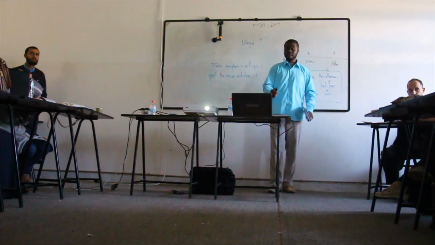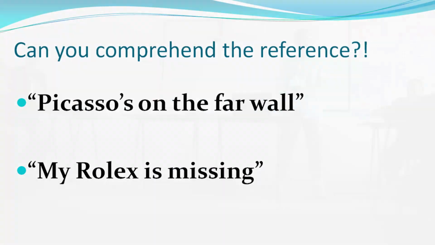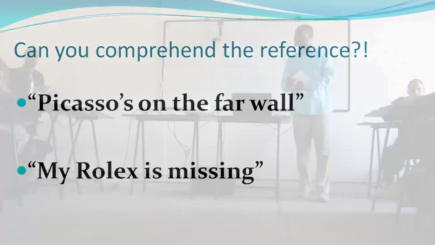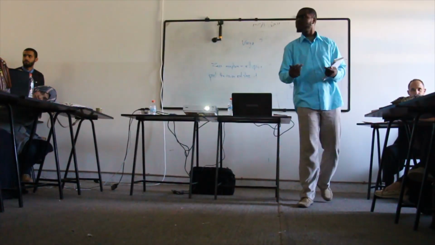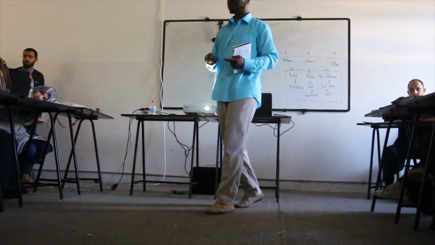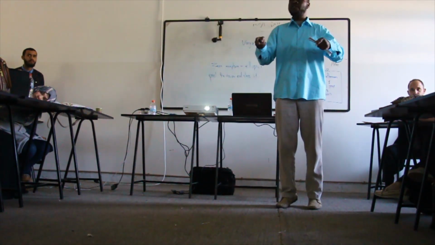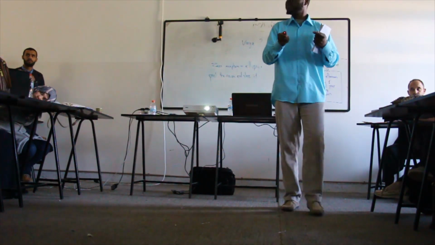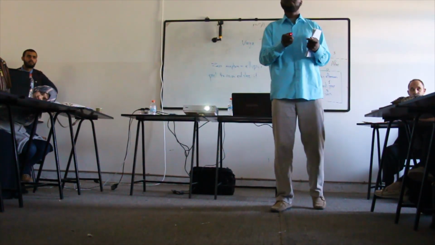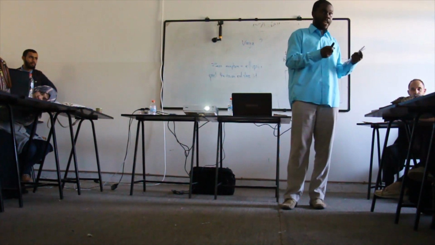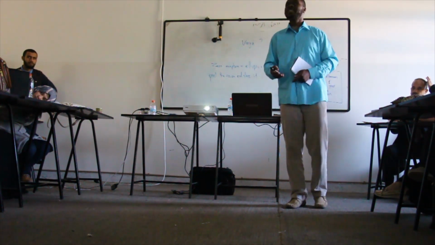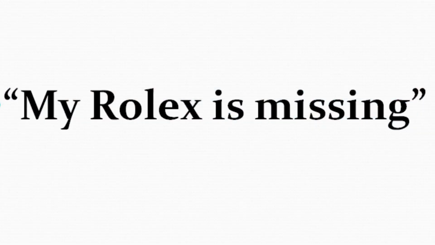All right. Next. Can you comprehend the reference here? The first sentence: Picasso's on the far wall. What's the reference and what's it referring to? I think it's a picture. So first, where is the reference? Picasso. And it's referring to a painting by Picasso. Second sentence: My Rolex is missing.